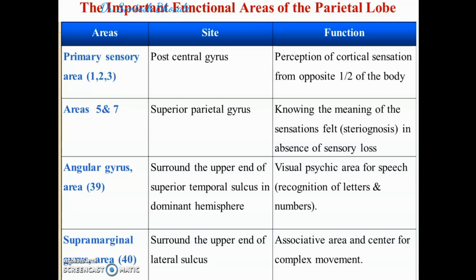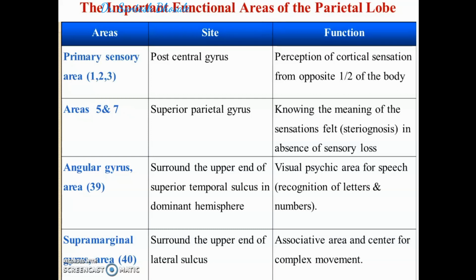So these are the different functional areas of the parietal lobe. So predominantly it is concerned with the sensory areas and sensory functions, whereas frontal lobe with the motor area and motor functions, along with some prefrontal areas which are the higher centers of the limbic system.